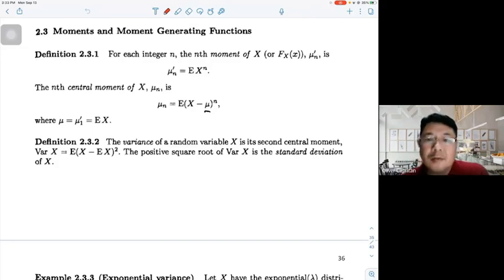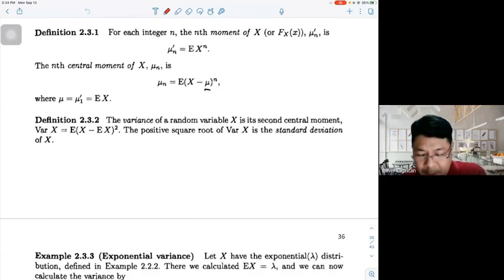And then the nth central moment of x, denoted by mu sub n, will be equal to the expectation of the nth power of the difference x minus mu. So this mu here in the definition of the nth central moment of x refers to the first moment of our random variable x, which is actually equal to the mean of x.